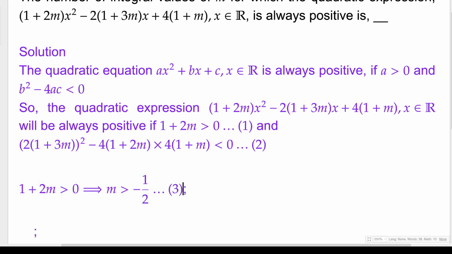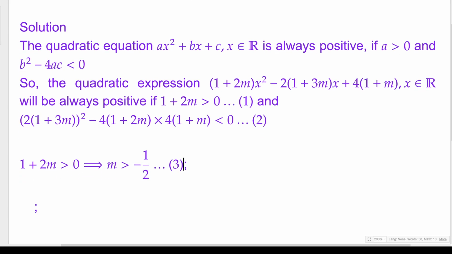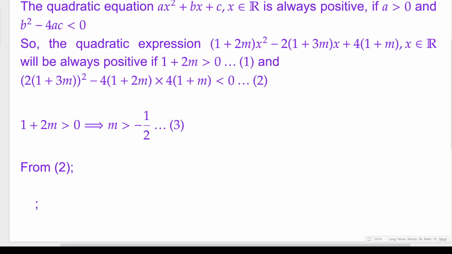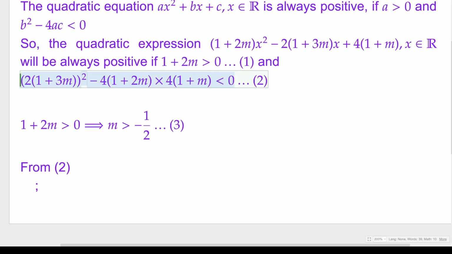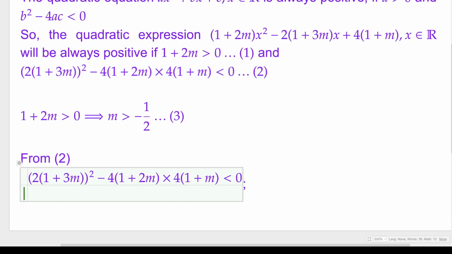Now from equation 2, let me use this part and simplify it as much as possible.